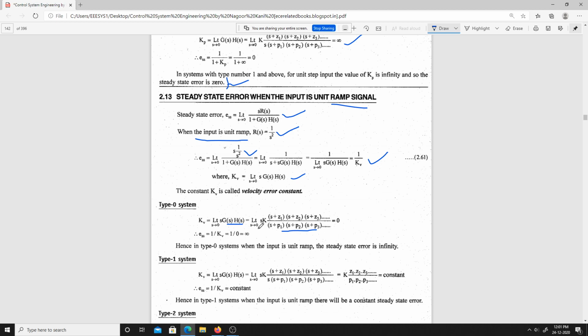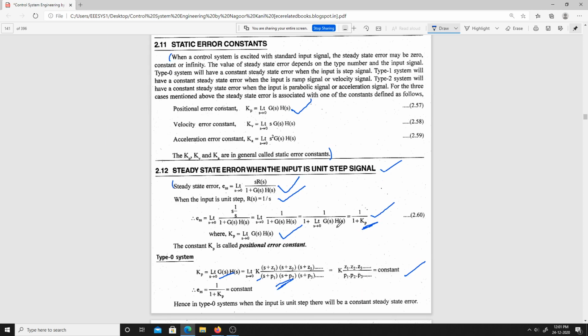So limit s tends to 0, just replace s tends to 0 here. For this type 0 system, just place s tends to 0, so kV equals 0. So ESS will be 1 by kV, 1 by 0, it will be infinity. Hence in type 0 systems, when the input is unit ramp, the steady state error is infinity.